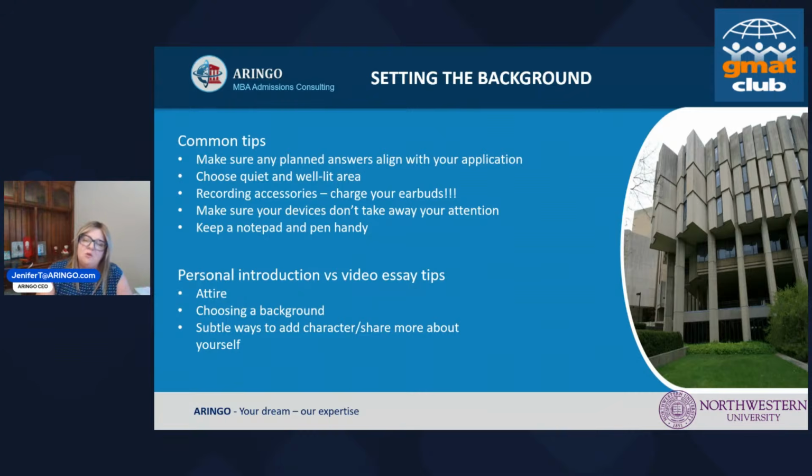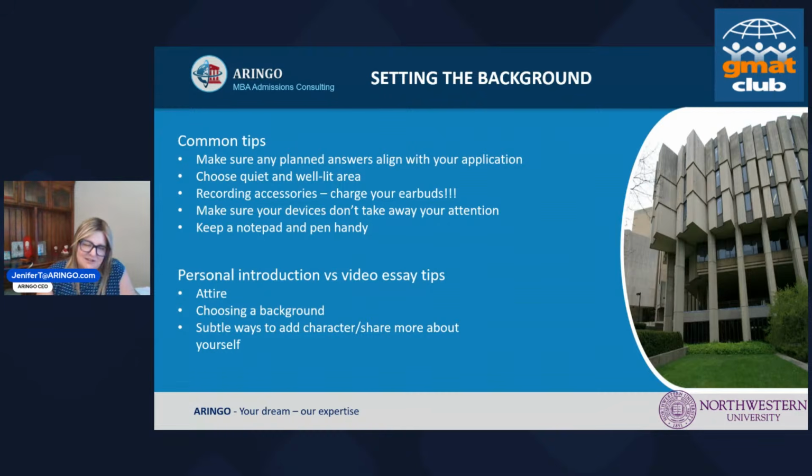Then you want to choose somewhere that is well lit, where it's easy for them to hear you and there won't be any distractions, like people walking by in the background. Even if you're in a cubicle at work or a public place, I wouldn't do that, right?